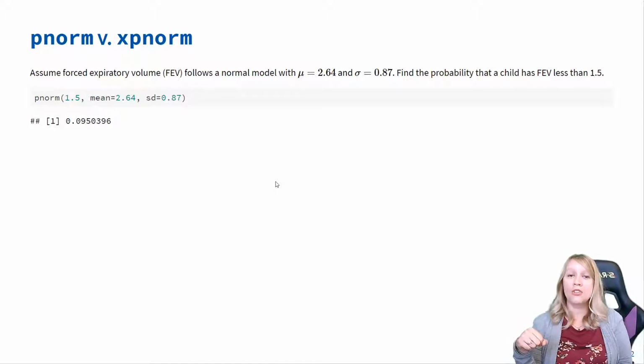We then introduce the mean equal 2.64, standard deviation equal 0.87. The result that we get here is 0.095. So what that tells me is that 9.5% of children have a forced expiratory volume of 1.5 or fewer. So that's the base function.